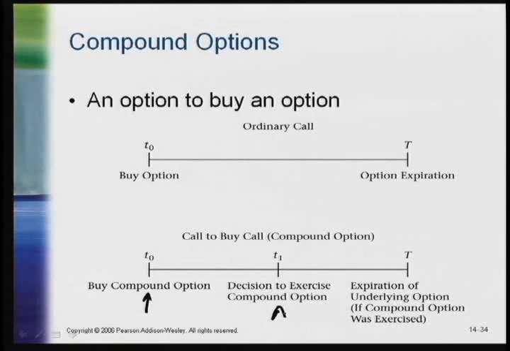So T1 is the first date, and we have a right to buy or sell an option on S, and then capital T would be the expiry date of that underlying option, the option on S. So the primary option has a term of T1, and the option you exercise to has a term of T minus T1.